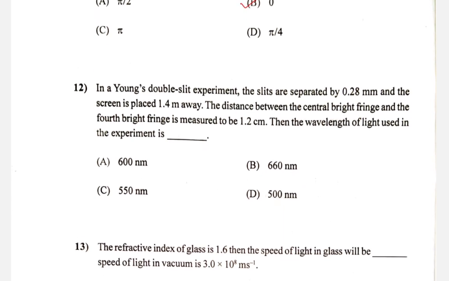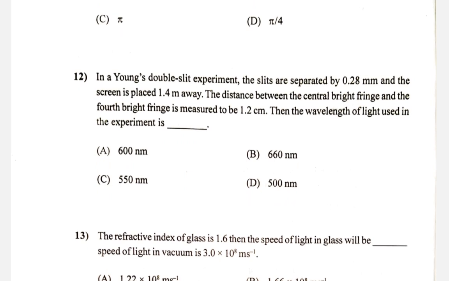And the next question is, in Young's double slit experiment, the slits are separated by 0.28 mm and the screen is placed at 1.4 meter away. The distance between the central bright fringe and the fourth bright fringe is measured to be 1.2 cm.